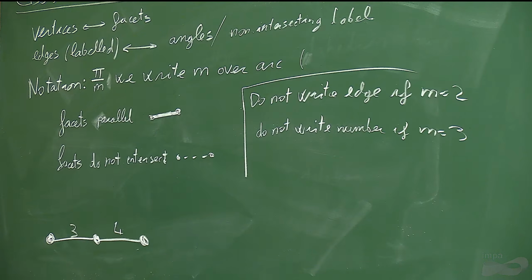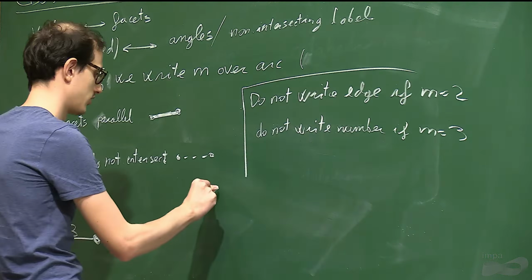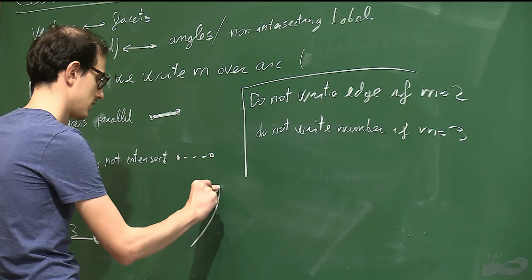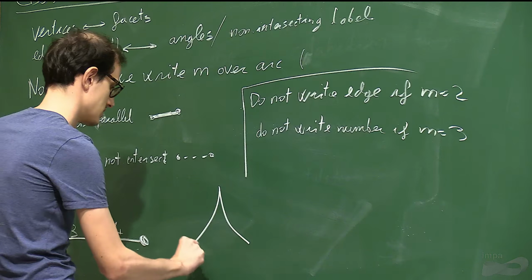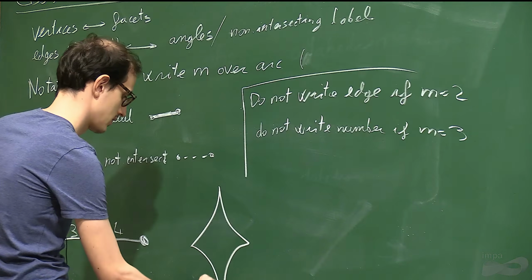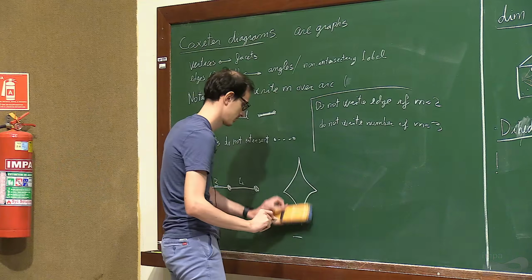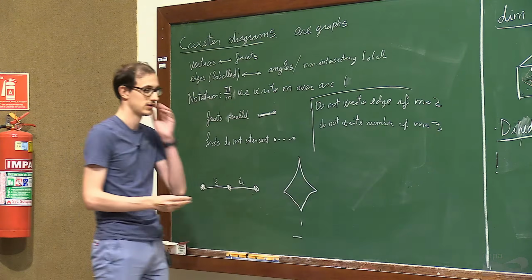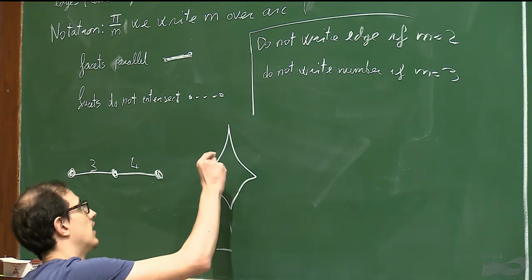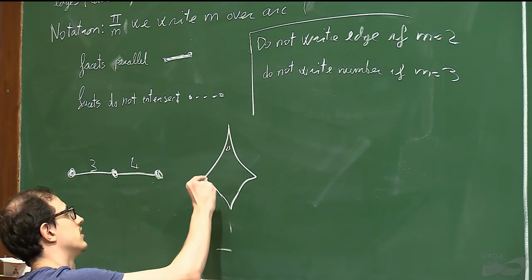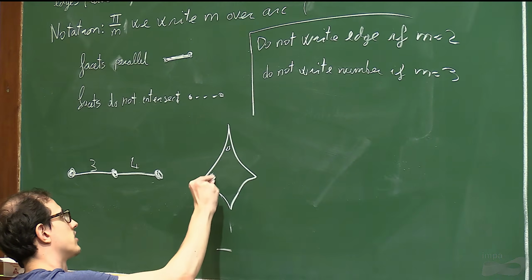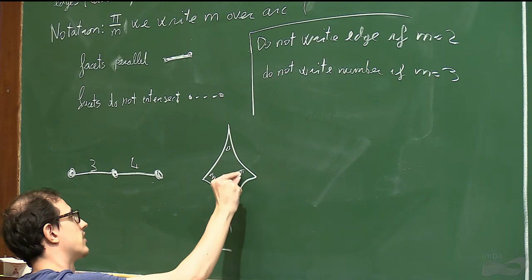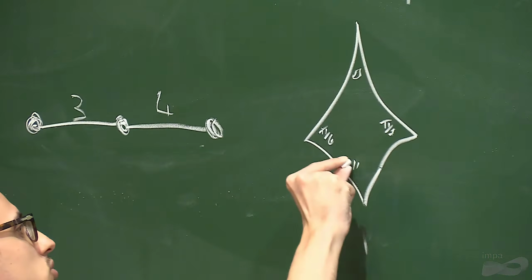For example, let's take this quadrilateral where one angle is 0 because this point is ideal. This is maybe pi over 6, this is pi over 7, and this is pi over 2.